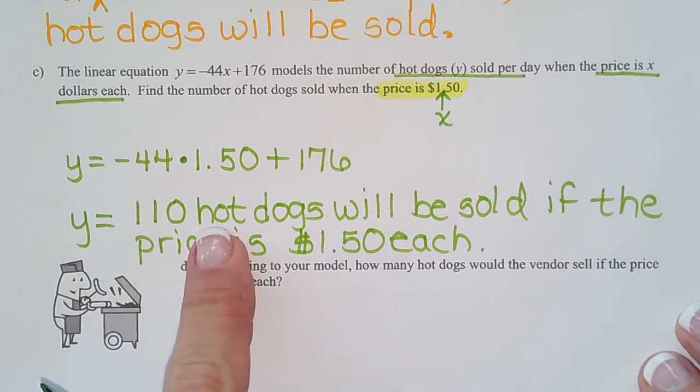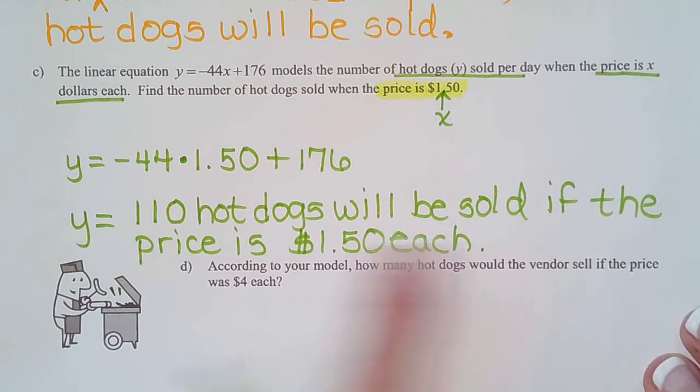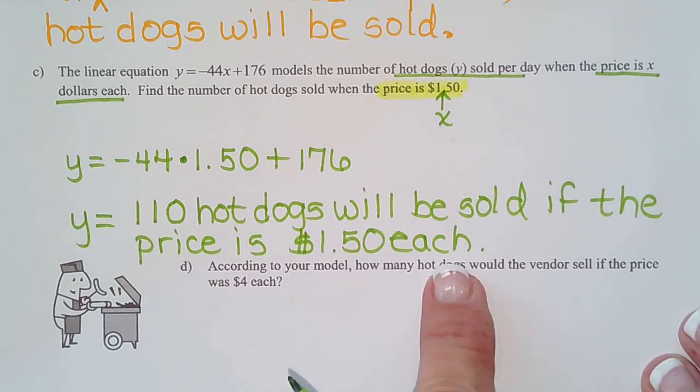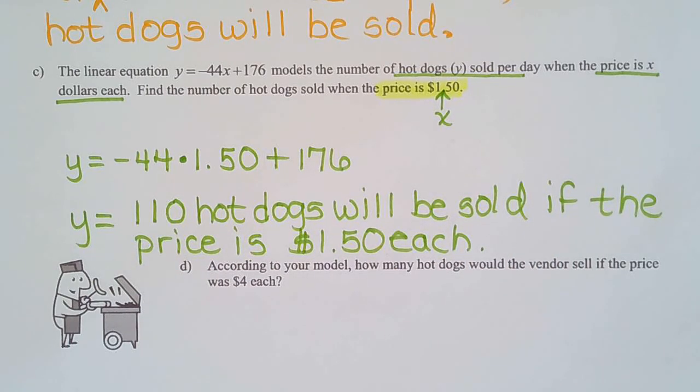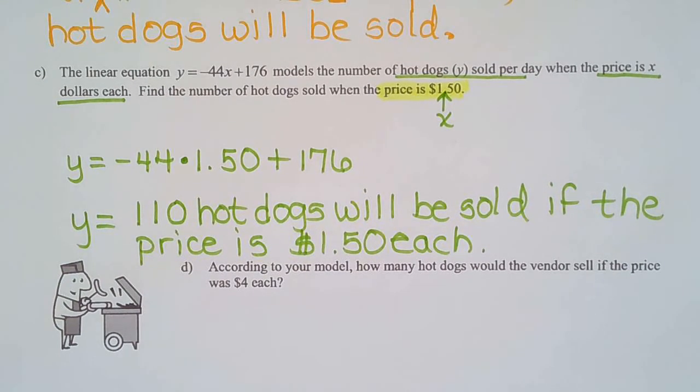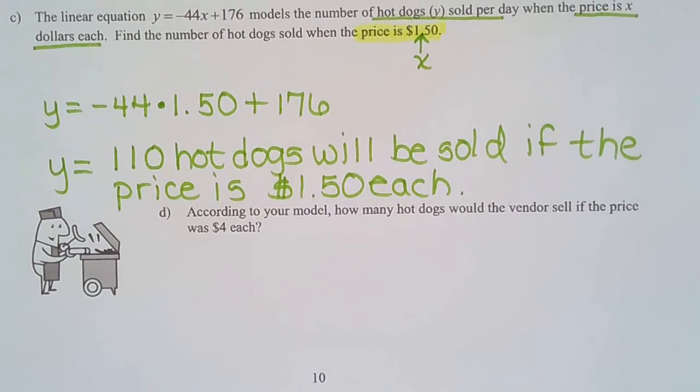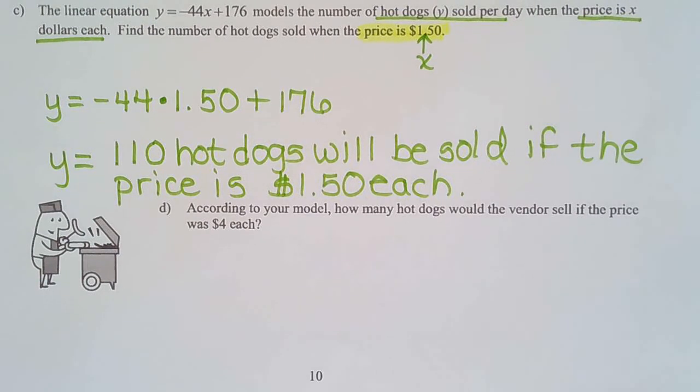So 110 hot dogs will be sold if the price is $1.50 each. So it's not so bad, right? As long as you read the problem. Got to take your time on that. That's the most important part.